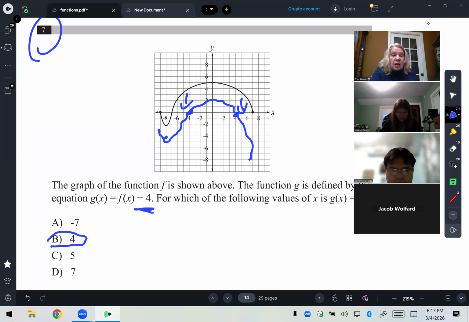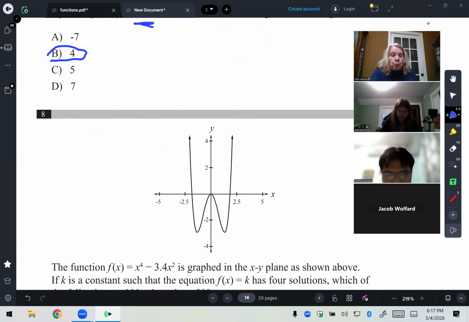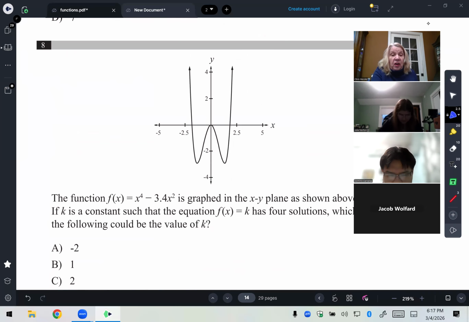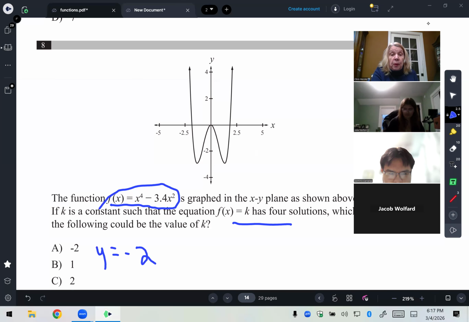Okay, so let's go down to the next one. Now they want to intimidate you by putting this here. F of x, it's a quartic function, is that how you say? Is graphed in the xy plane. It has 4 solutions. So let's try y equals -2. Does this cross 4 times?